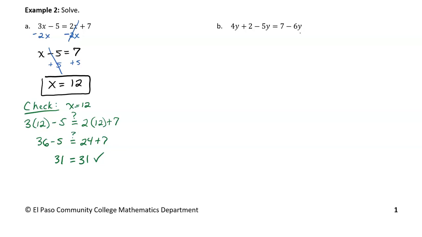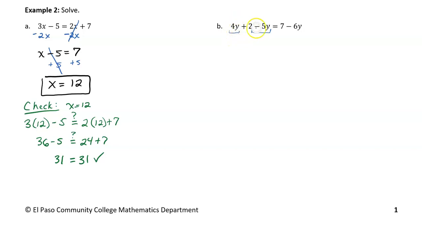So no fractions, no parentheses. Okay, that's good. And I do see terms that I can combine. I have this 4y on the same side as that minus 5y. So I can combine these. I'm not going to change signs because they're both on the left side of my equal sign. But I'm going to simplify this to make it look a little nicer.